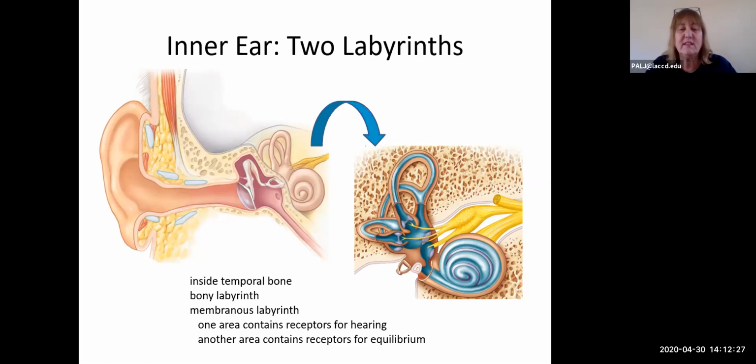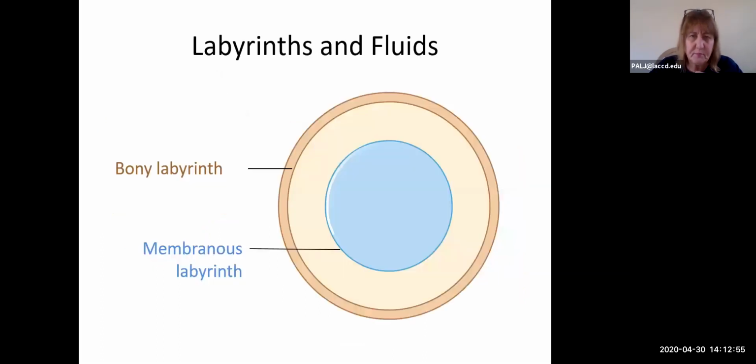There's one area of each part of the membranous labyrinth that contains the receptors for all of our special senses in the inner ear. So we'll have one area containing receptors for hearing, and we'll have another area, or actually multiple areas, that contain receptors for equilibrium. We'll talk about those functions at a later time.